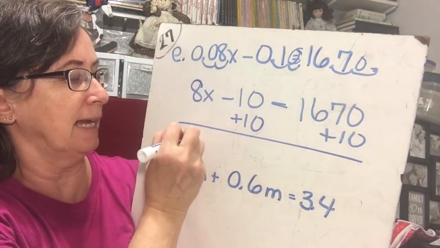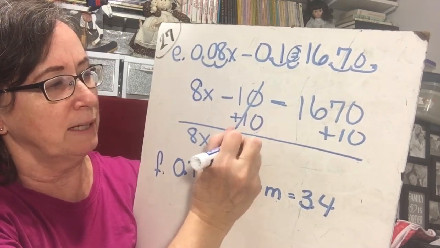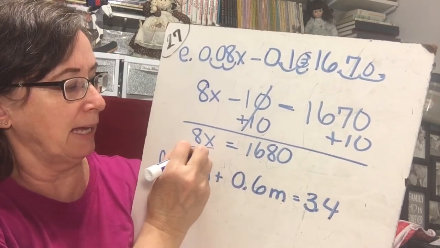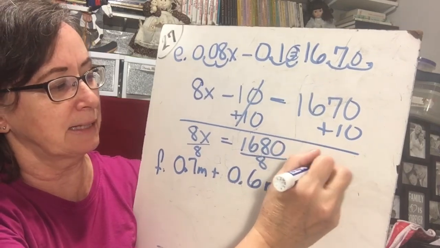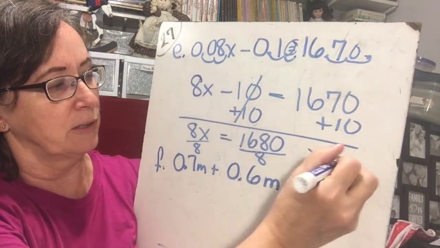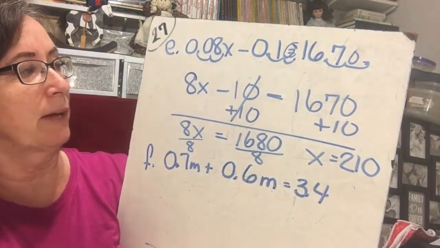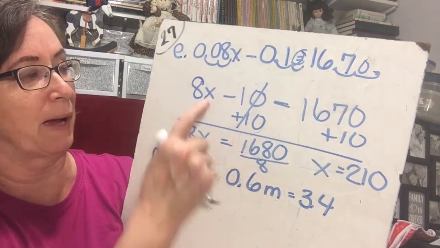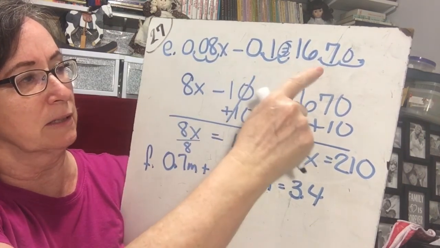That's going to give us 8x equals 1680. So we divide by 8 and we divide by 8 and we get x equals 210. Okay, so we can go back to the beginning, or we could go back right here because we moved the decimals over 2 places.